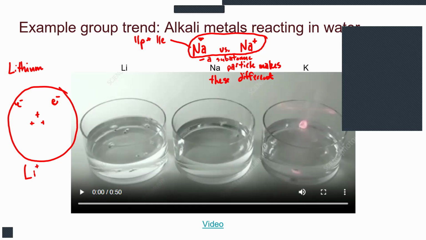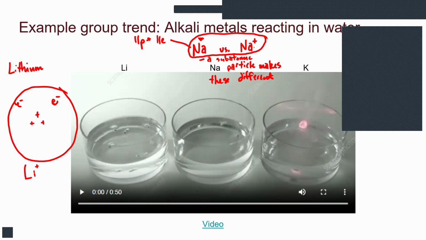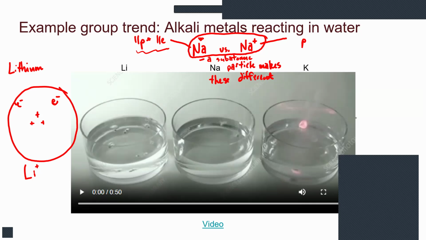Now, let's go back up top here to sodium. How many protons does this sodium right here have? Perfect. It's 11 protons. Okay. Now, how many electrons does this Na plus have? Less than 11.